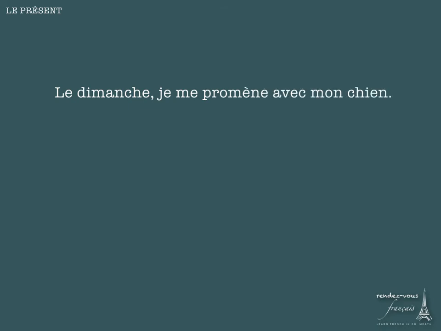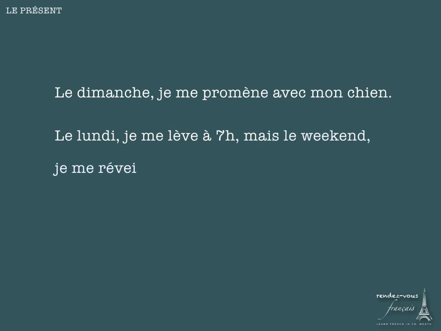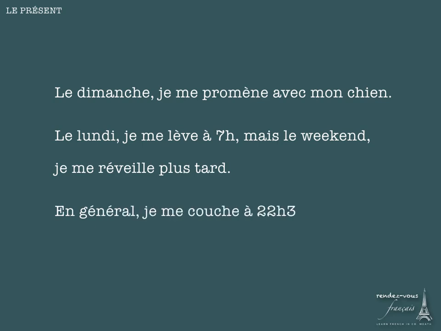We're going to finish up with one type of verb that you probably know already. Le dimanche, je me promène avec mon chien. Le lundi, je me lève à 7 heures, mais le week-end, je me réveille plus tard. En général, je me couche à 22h30. Me promène, me lève, me réveille et me couche.